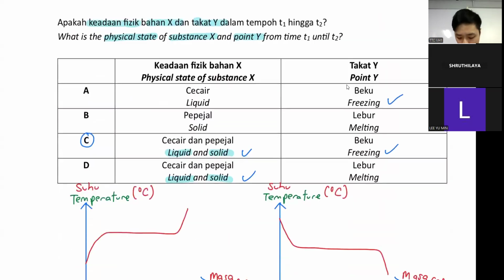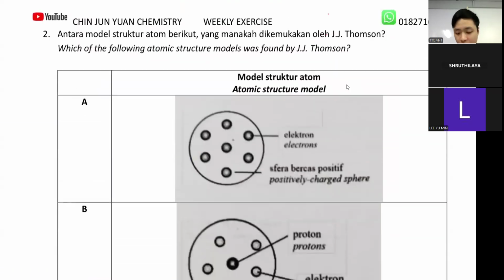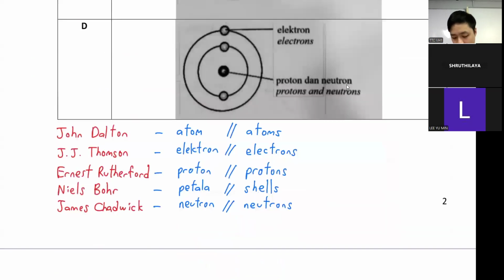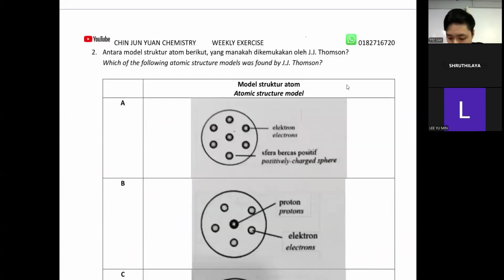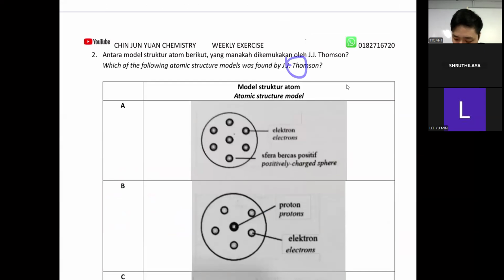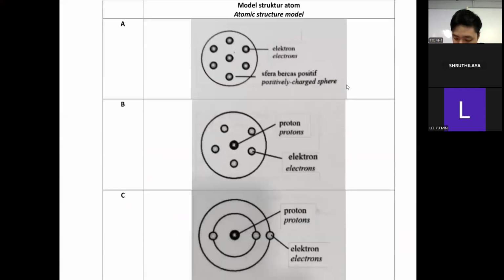Question 2. Which of the following atomic structure models was found by J.J. Thomson? I list down again for you already. This one is objective knowledge. Dalton, atom; Thomson, electron; Rutherford, proton; Bohr, shell; Chadwick, neutron. So Thomson is electron.